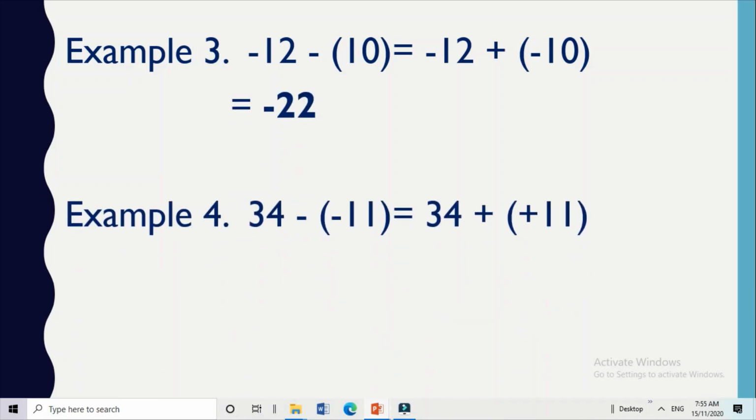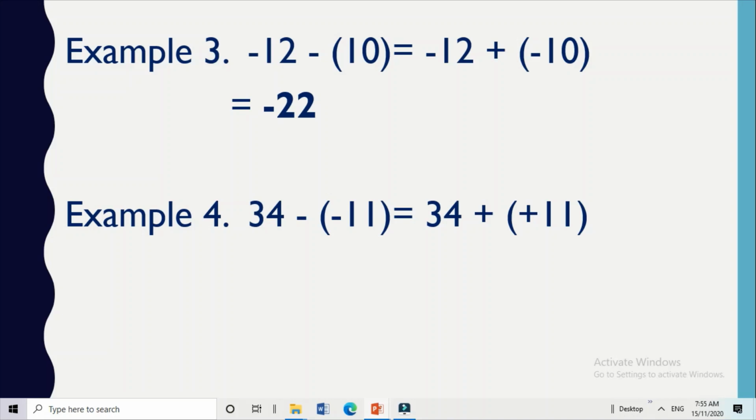Example number 4. 34 minus negative 11. Okay, again, change the sign of the subtrahend. So, negative 11 becomes positive 11. And then, proceed to addition.